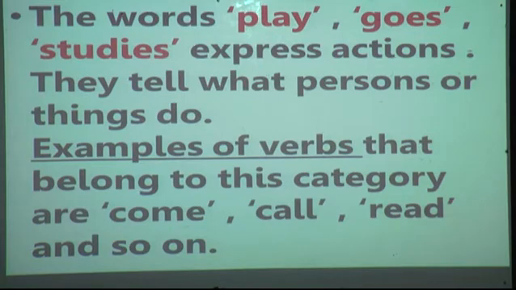The boy plays in the garden, Jyoti goes to school and she studies very hard. So whatever action is there, that is a verb in your sentence. Now in this category, what words will come? Examples of verbs that belong to this category are come, call, read and so on.